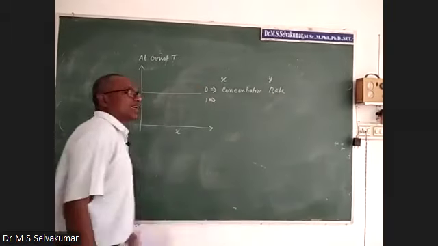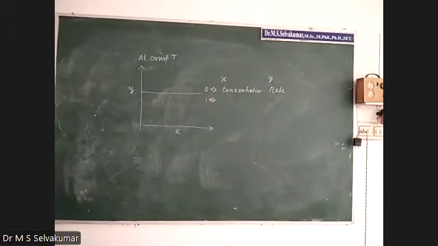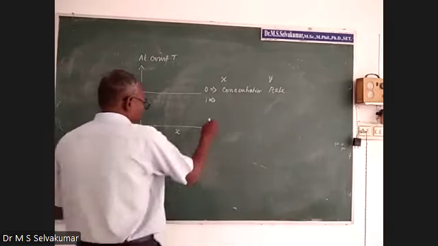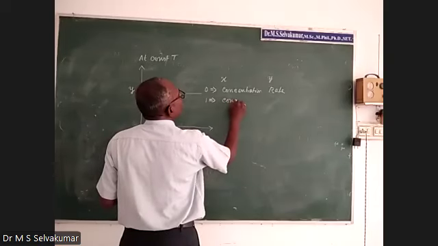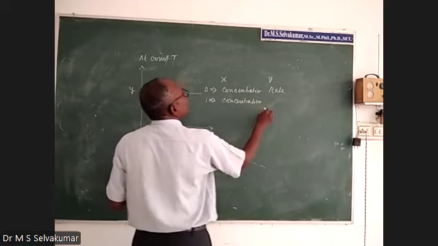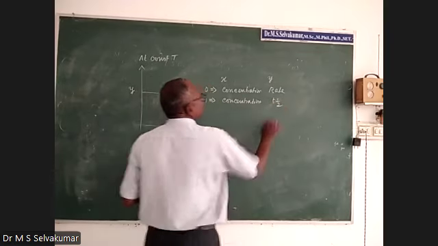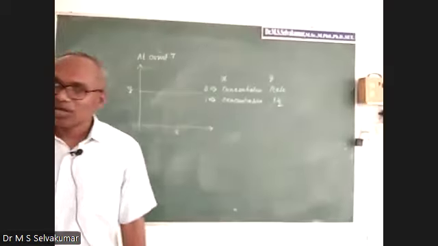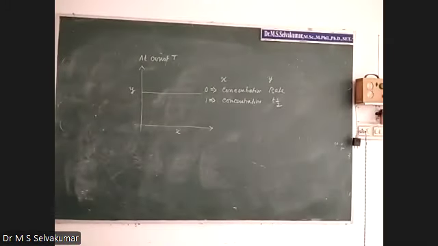Because for zero order reactions, rate is independent of concentration. That is why there is no change in the rate. When it is a first order reaction, x is a concentration where y is half-life, because half-life of a first order reaction is independent of concentration.